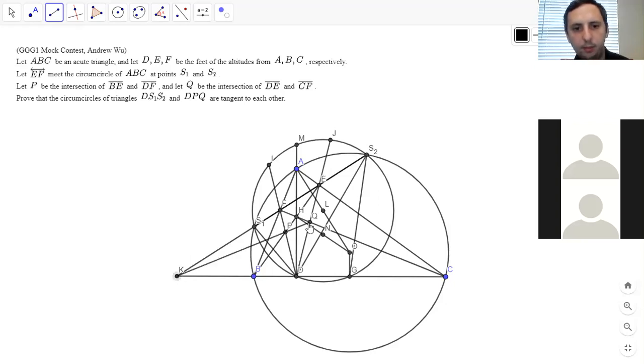Did we use K, P, and Q? I don't think we used that. But yeah, I agree, it's not hard to prove.